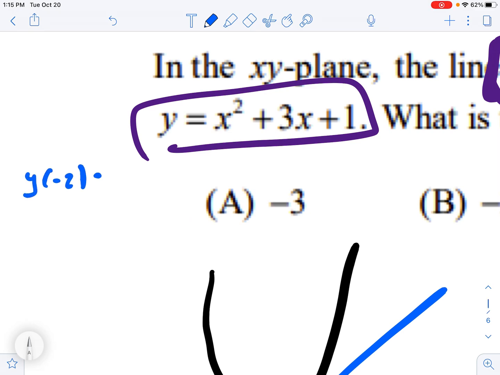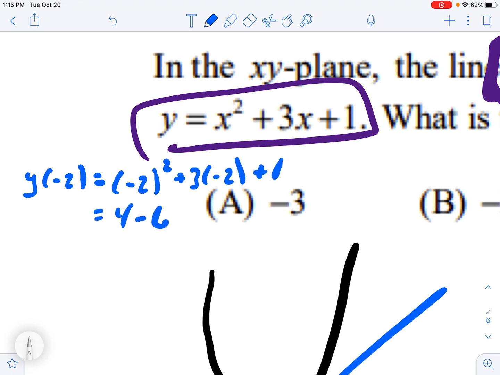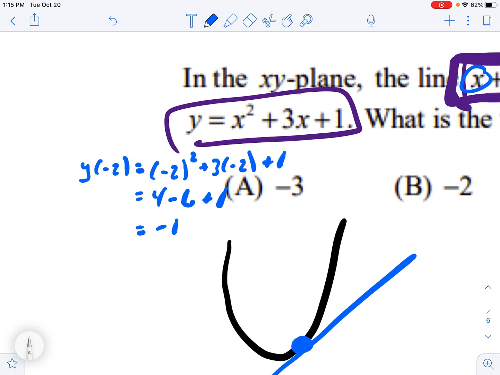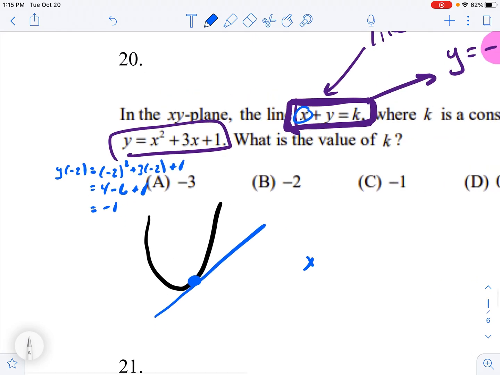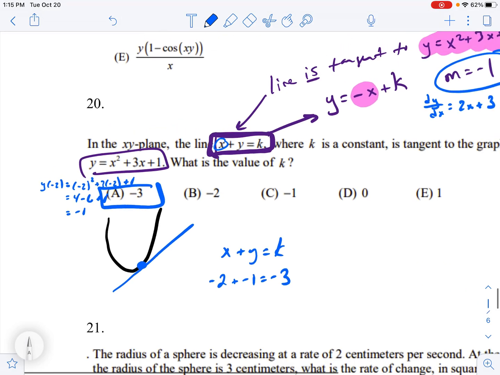So let's see what y of -2 is. And I'm getting -1 if I'm doing this correctly. Okay, so y is -1 when x is -2, and if x plus y equals k, then -2 plus -1 is -3, and it looks like our answer is choice A.